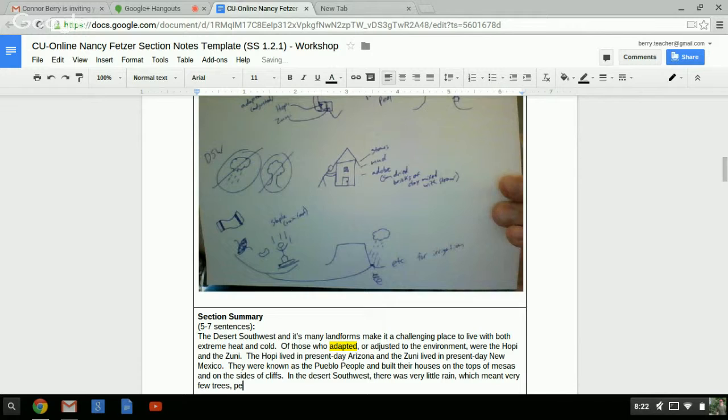People had to build their homes out of stones, mud, and adobe, or sun-dried bricks of clay mixed with straw. And then that's another one of my terms. So I'm going to go over to Adobe, select it, and do whatever you want to do to make it. I'm going to go ahead and highlight in yellow again.